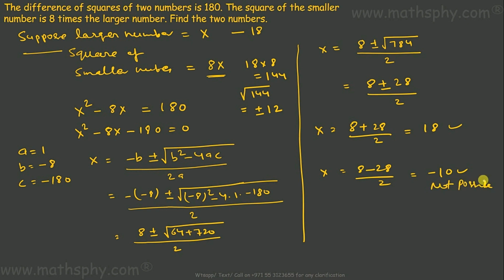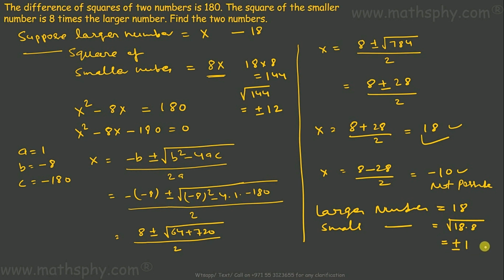This is the number. So I'll write, larger number is 18. Smaller number would be root of 18 into 8, which is plus minus 12.